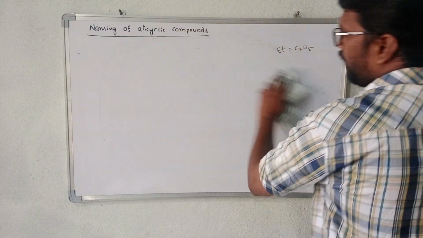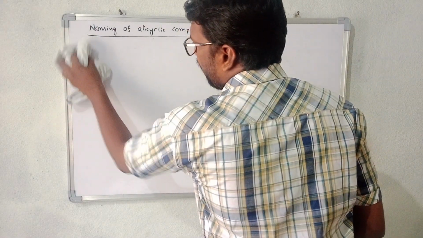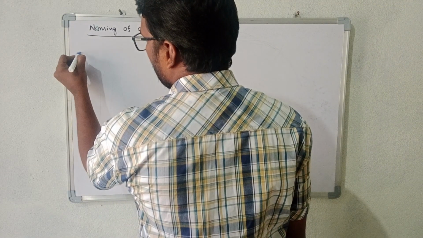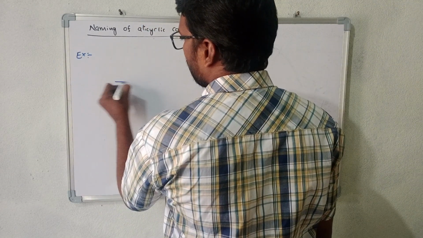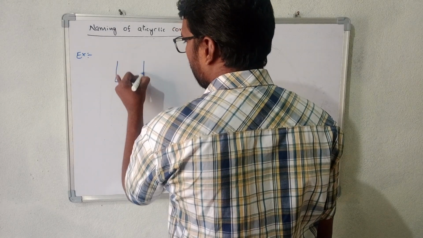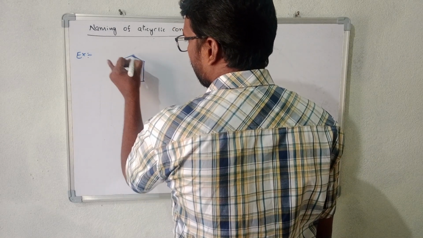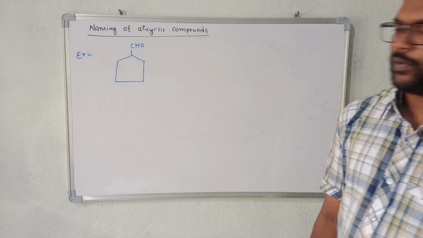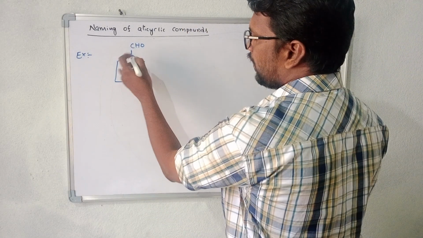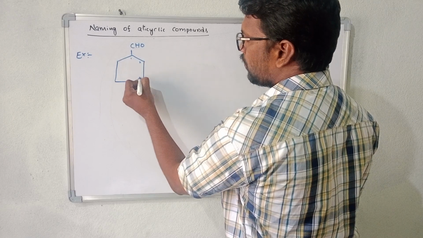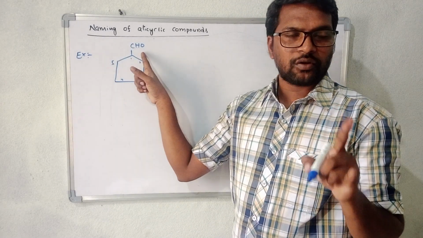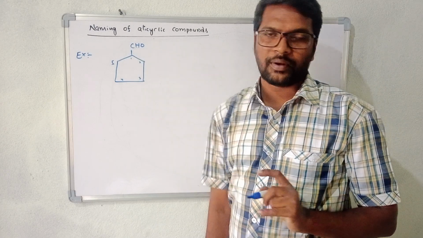Right, so whenever only a functional group containing a carbon atom is present on the cyclic ring, how can you write the name? Now we can see. I take an example, CHO. If you want to write its name, the cyclic ring contains total 1 2 3 4 5 carbon atoms, and here one functional group is present. In that functional group a carbon atom is present.